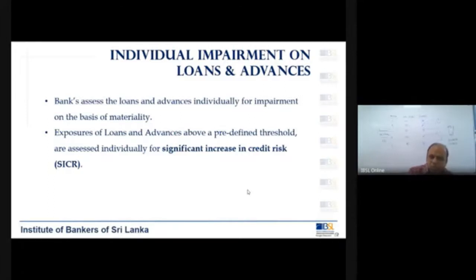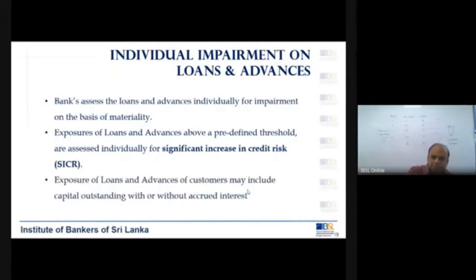But as we move on, when the customer shows signs of default, the customer's credit risk has significantly increased. That is what it means. And there are indications to identify whether the customer's credit risk has significantly increased, which we will see shortly.